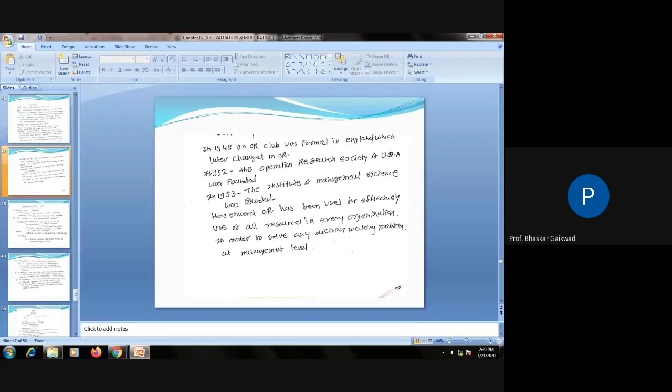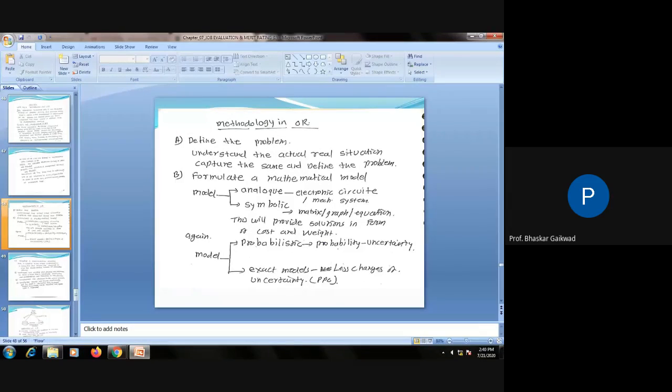So this is the history and development. You have to remember the origin of OR: it started in 1948 with World War II, it continued developing up to 1953, and after that the concept of OR has been used in industry to solve various problems.